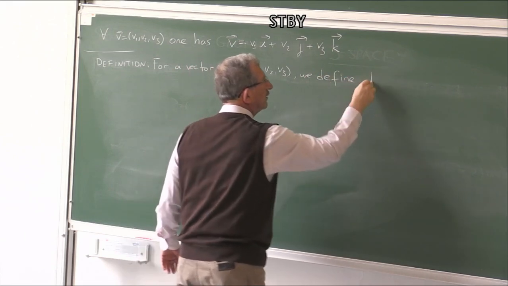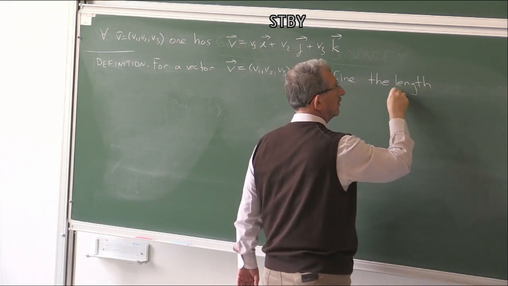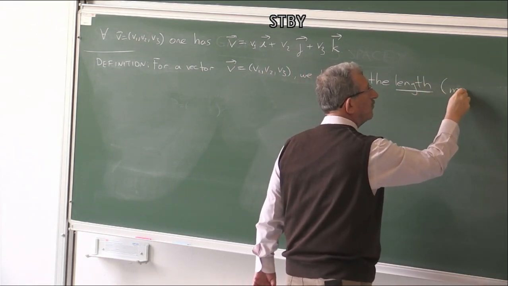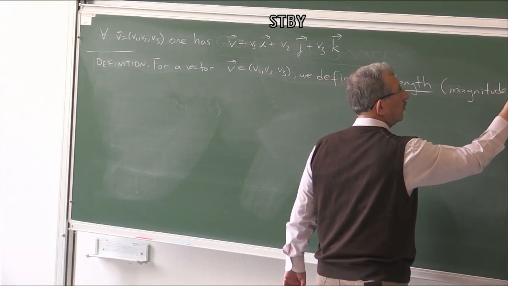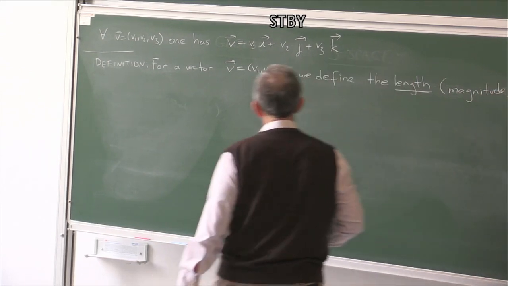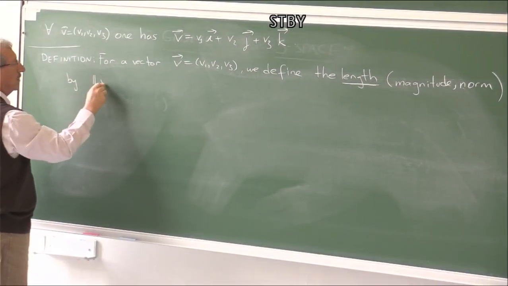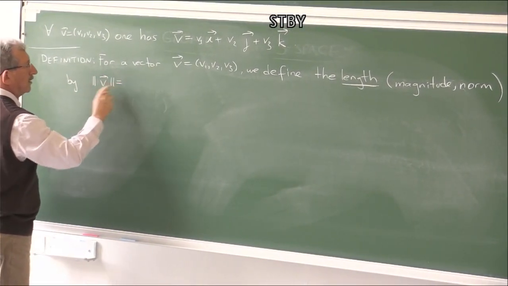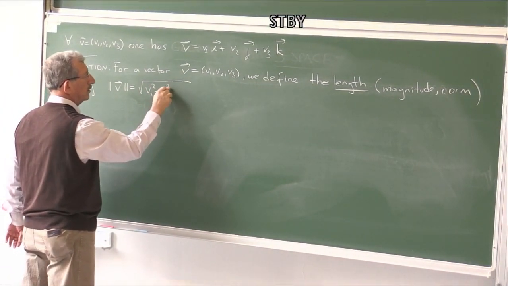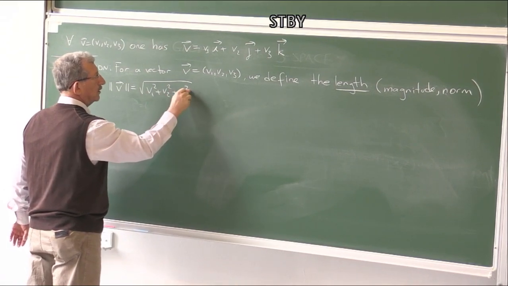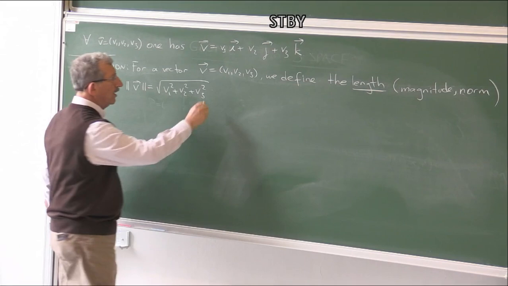We define the length, also called magnitude or norm, by the square root of the sum of the squares of the components.